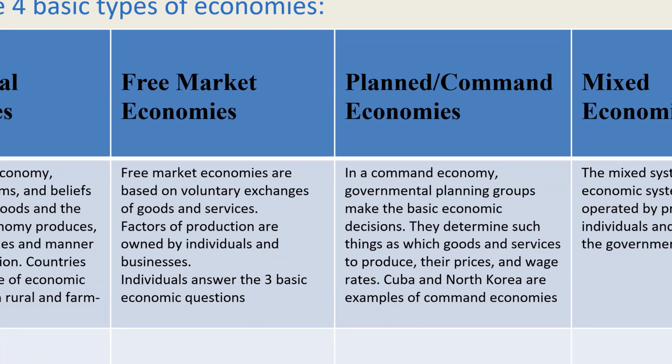Cuba and North Korea are some examples of command economies. They are guided strictly by the government. No consumer, no producer, no private entity could tell the government what to do. Whereas with the free market, we can do whatever we please, whatever we want to produce, whatever we want to sell. That is the benefit of having the free market economy.